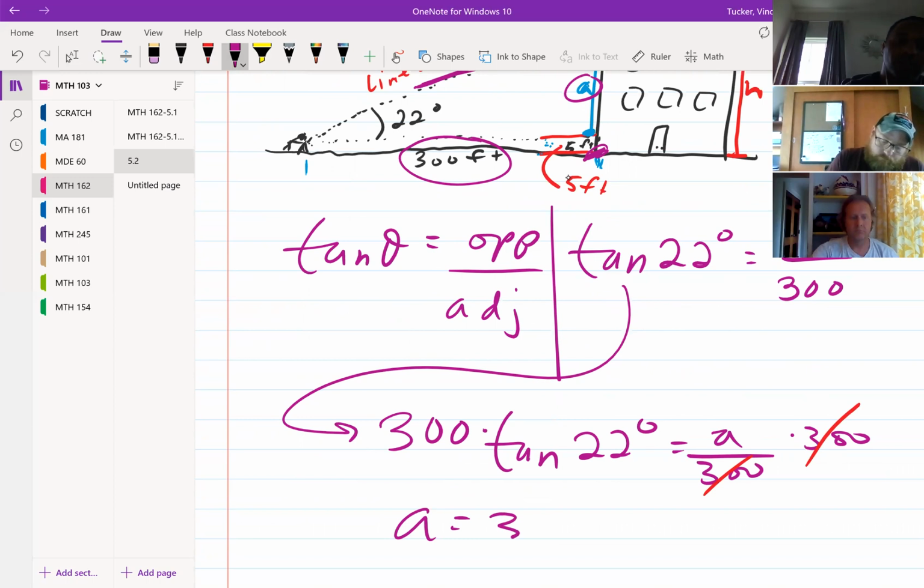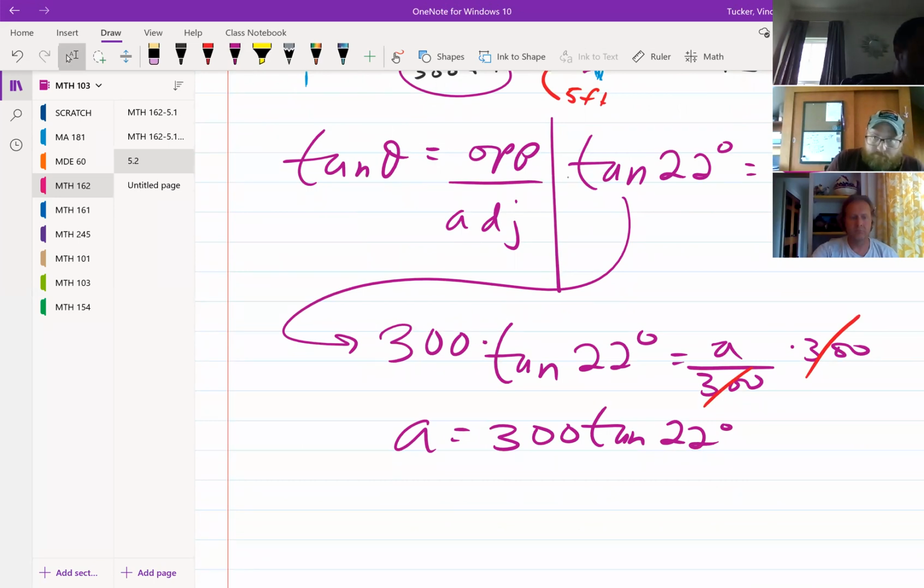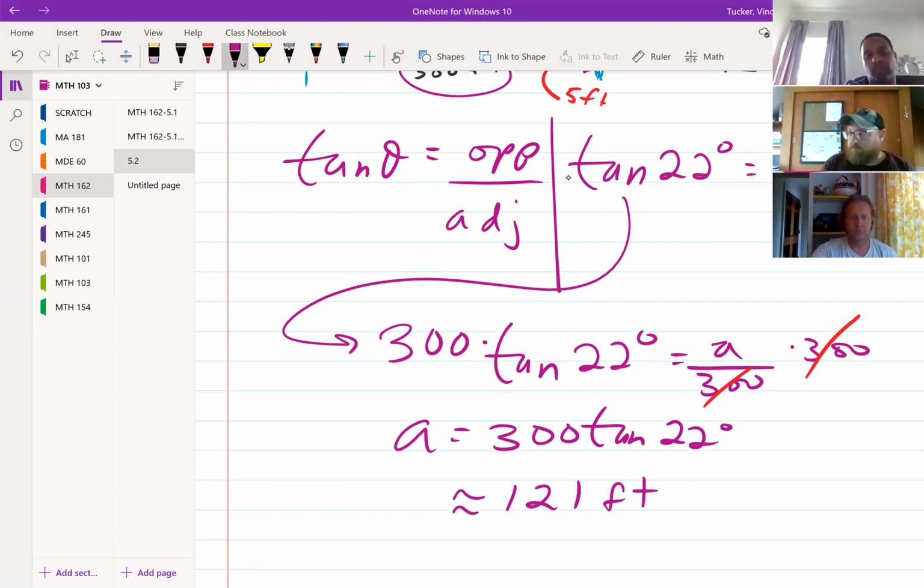A is equal to 300 tan 22 degrees, and that is approximately 121. Any questions on that part? And once again, that's something you would throw in your calculator.